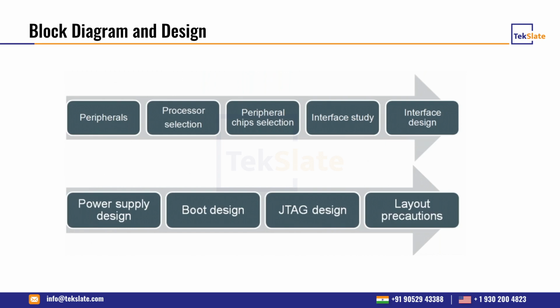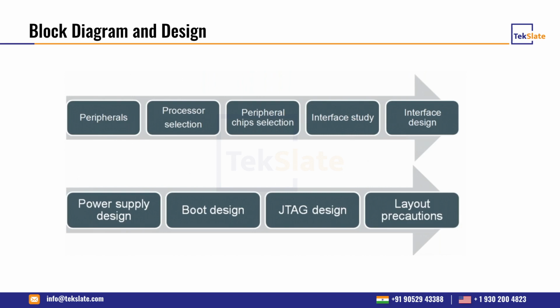And then, once the peripherals are identified, a processor is selected. The processor selection includes selecting a processor that will support these peripherals. Processor selection is an involved process, and there is a session on how to go about it, covering the design criteria that need to be considered in selecting the processor.